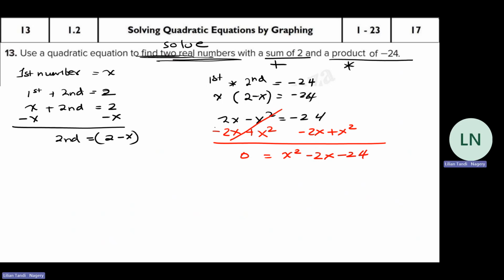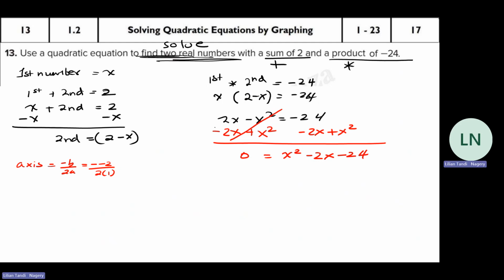Then I use the quadratic formula. That's what I did. But you should do axis of symmetry, all that, if you're choosing a graph. So then axis of symmetry: my axis of symmetry was negative b over 2a, which gave me negative negative 2 over 2 times 1. Okay?